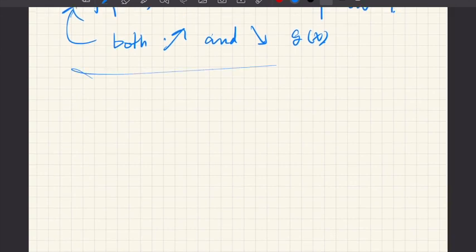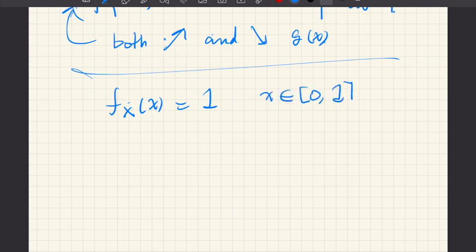So here's one example. Let's say we have a uniform random variable which is 1 between 0 and 1. Okay, so it's 0 and 1, so x is here like this.